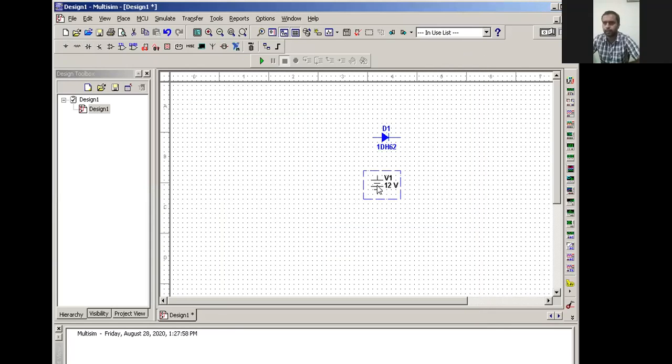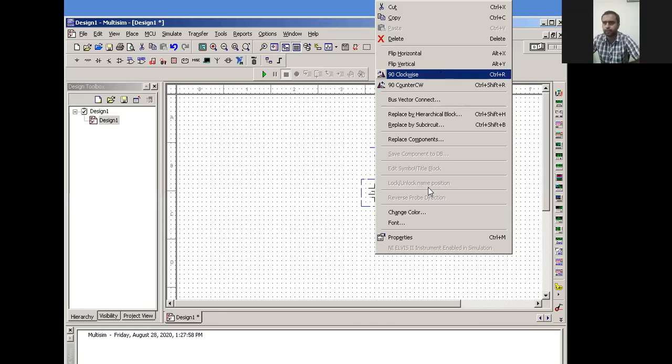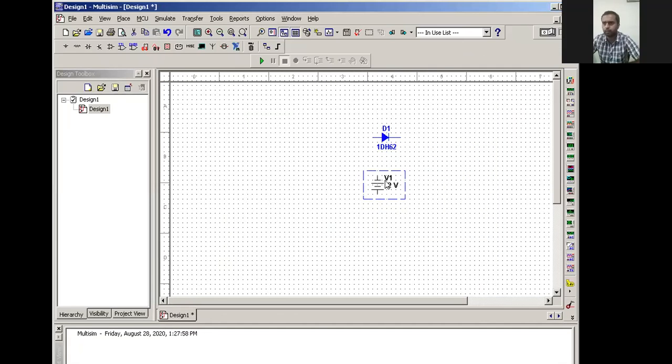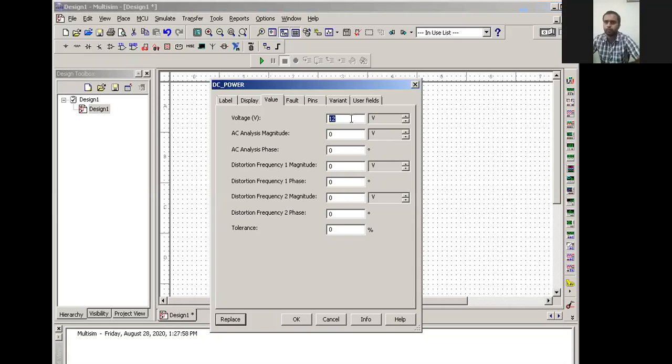By right clicking on the power supply, there is a 90-degree phase shift option. We can provide phase shift. Now we connect positive to the positive terminal of the battery and negative to the negative terminal of the battery. Double click on the power supply and reduce the voltage.